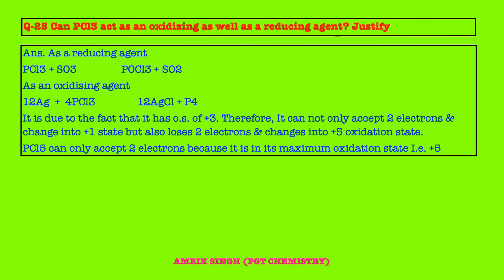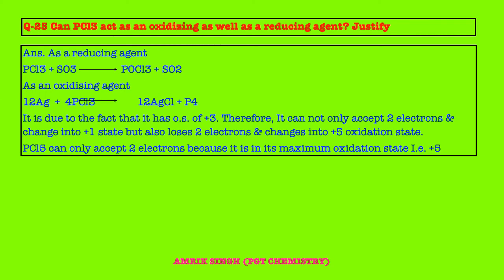Question number 25. Can PCl3 act as oxidizing agent as well as reducing agent? Justify. As a reducing agent, equation is given here: PCl3 with SO3 gives POCl3 and SO2. It is the reaction as reducing agent.